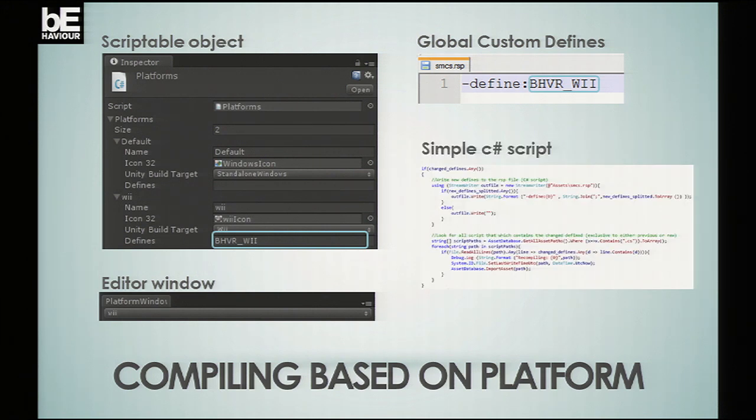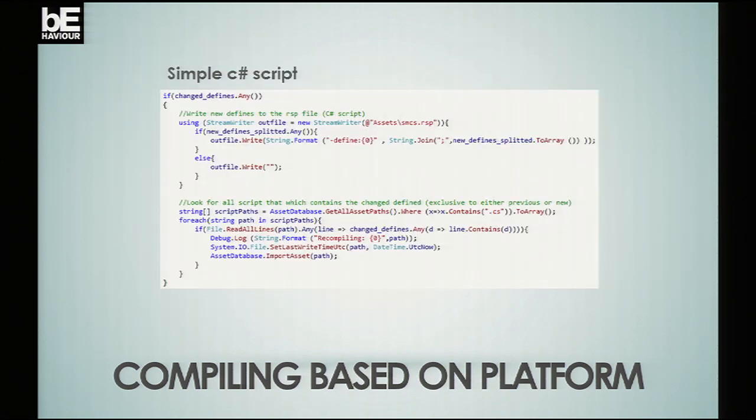So let's see a simple script of how this will work. It's really simple, and it can for sure be made more complex, but at the basis, you get what changed between different platforms, because you don't want to recompile the file for nothing. You just want to recompile the ones that have the platform dependent stuff.